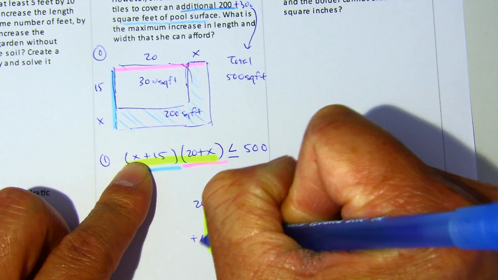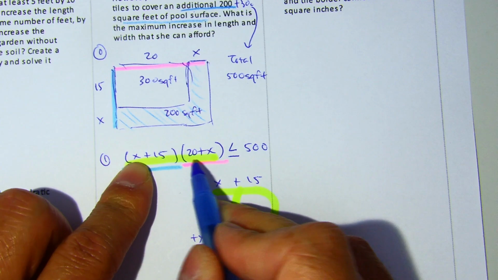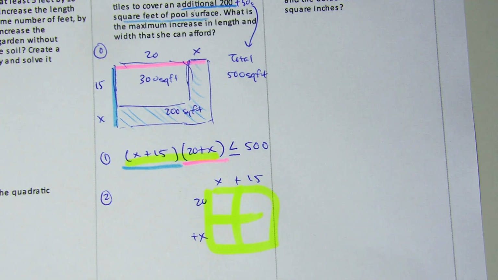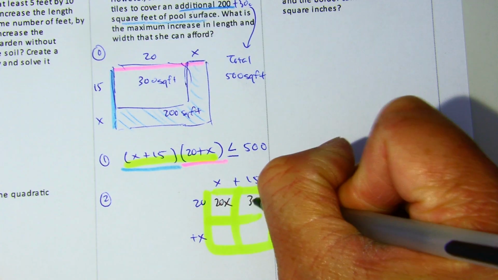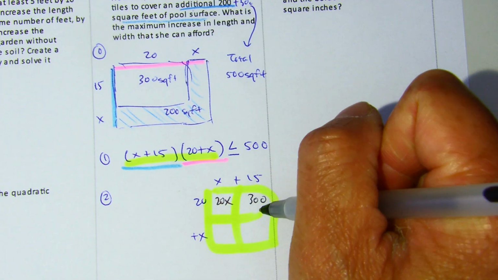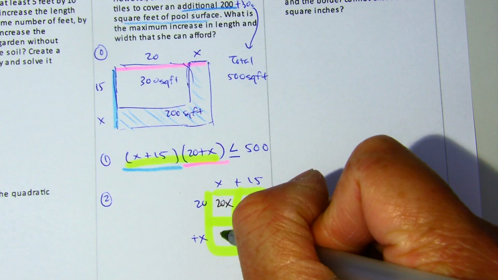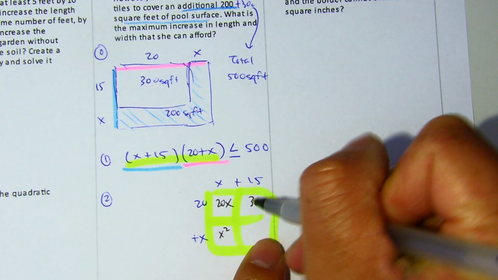Remember, 20 plus x is the same thing as x plus 20. I'm going to go ahead and multiply these. So I have 20x, 300, x squared, and 15x.